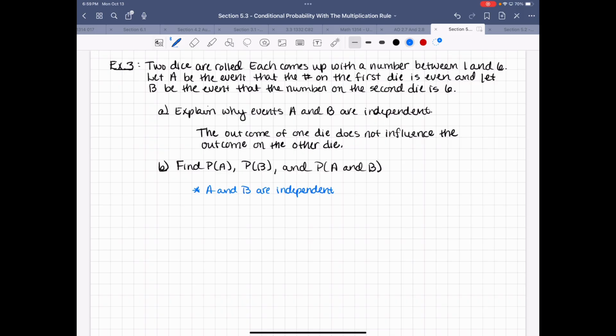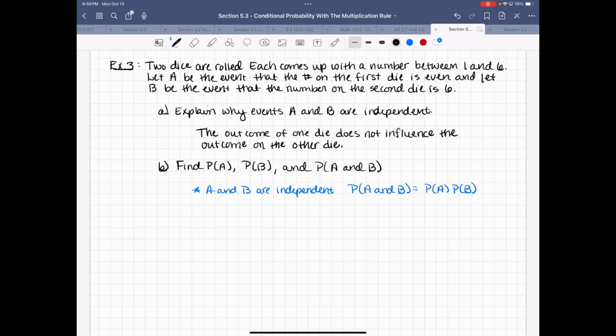So that means I can use my formula over here: the probability of A and B is going to equal what? Probability of A times the probability of B, correct? Is that the last one I wrote? Yeah. Okay.